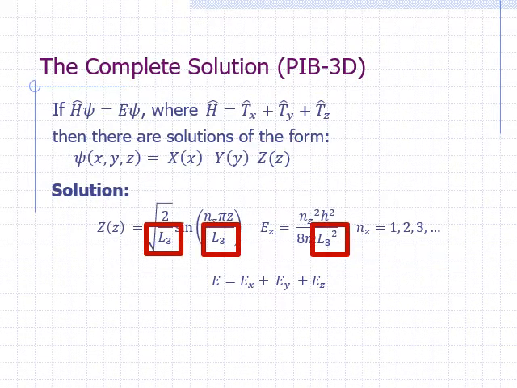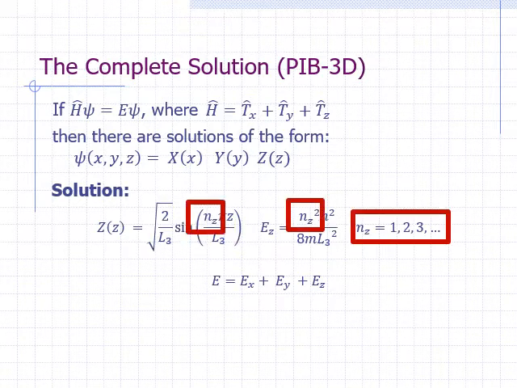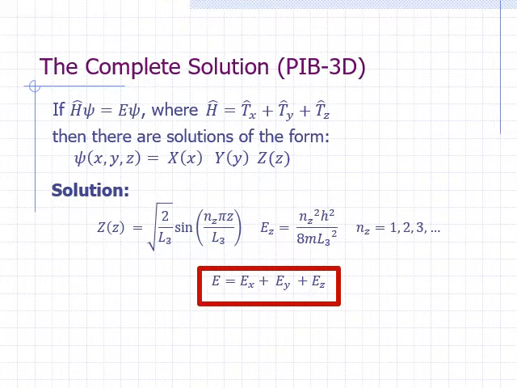Here, L3 is the length of the box along the z-axis. And n sub z is another quantum number with similar restrictions as n sub x and n sub y. The total energy of the particle is just the sum of the eigenvalues E sub x, E sub y, and E sub z.